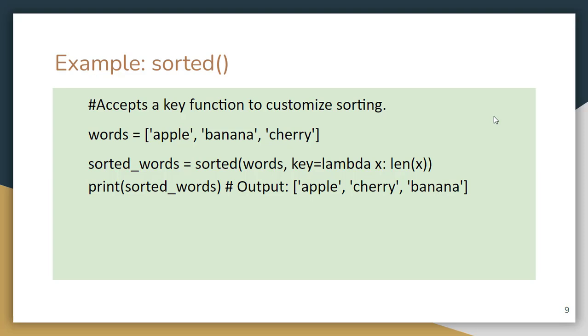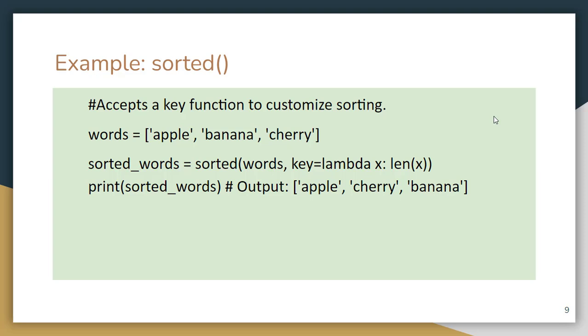We have a list, and the items of the list are apple, banana, cherry, that is text. sorted_words is the variable to store the output after sorting. sorted is a function to sort the text, and under the sorted function parameters we provide the list, comma, key=lambda x: len(x).